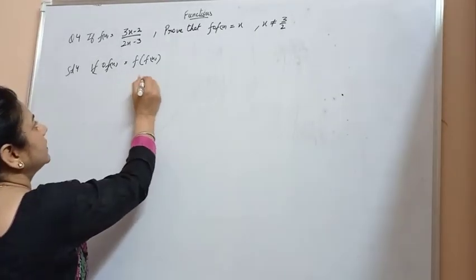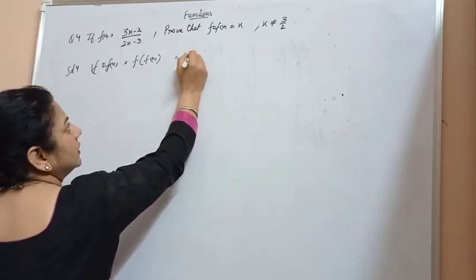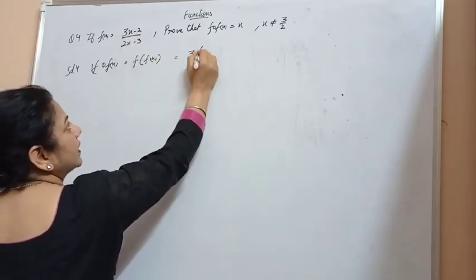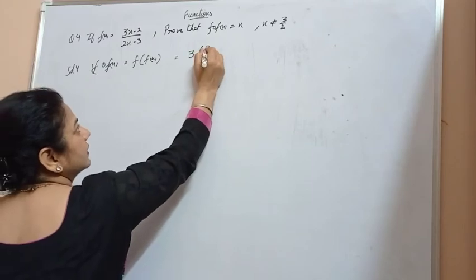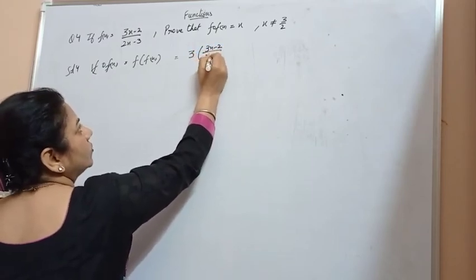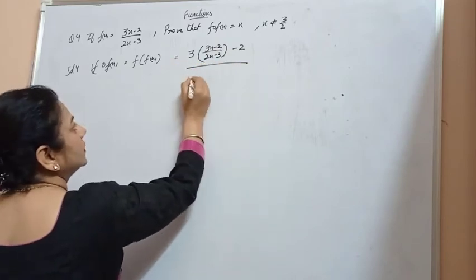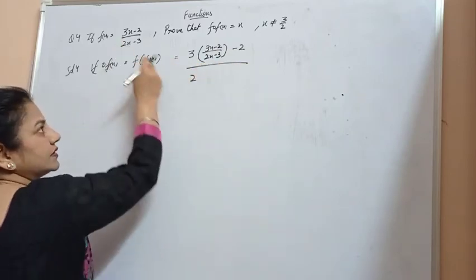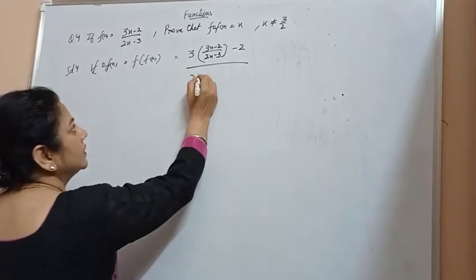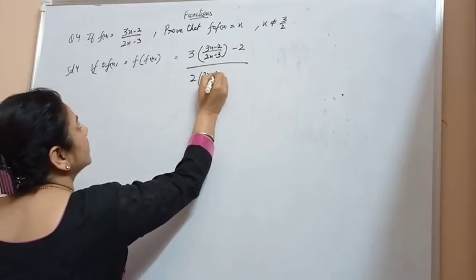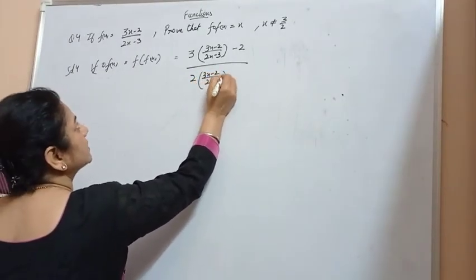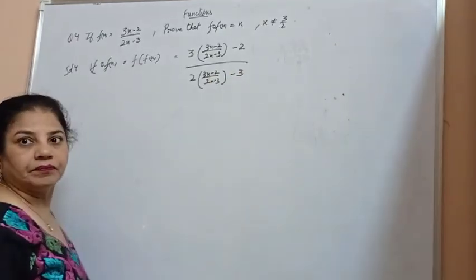So I will get 3. Instead of x, I will write the function f(x) as 3x minus 2 upon 2x minus 3, minus 2, denominator 2 times, again instead of x, I will write the whole function f(x), that is 3x minus 2 upon 2x minus 3, minus 3.